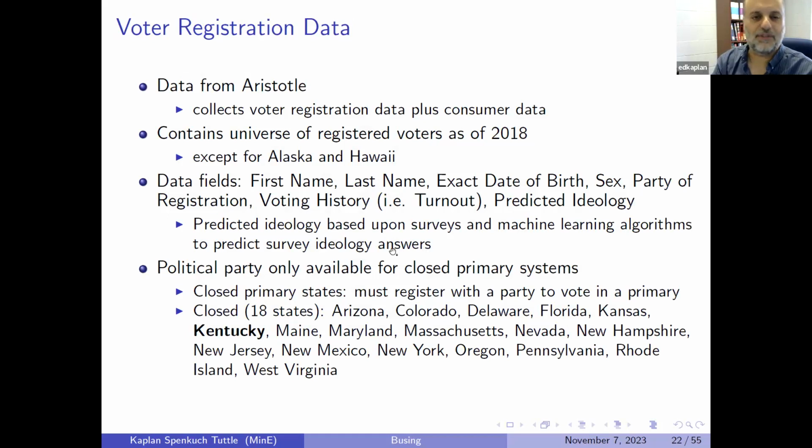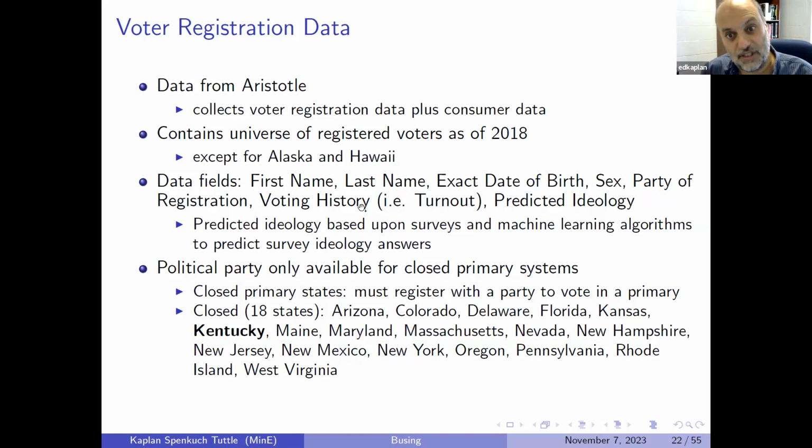So we're going to use data from Aristotle, a national private organization that collects voter registration data, and they provide it to political campaigns and special interest groups. They also, on the cheap, provide it to academics. Luckily, my co-author Jorg is from Northwestern Kellogg School of Business, so he's pretty wealthy. He was able to afford this for the entire country.